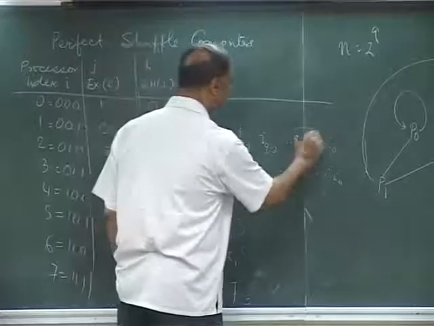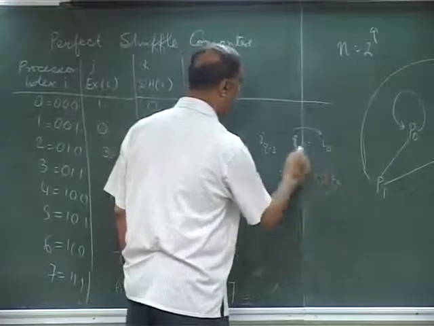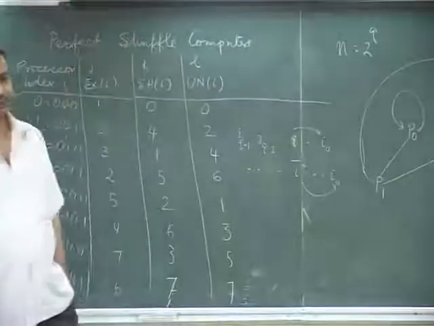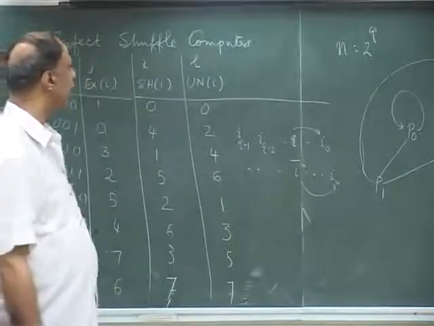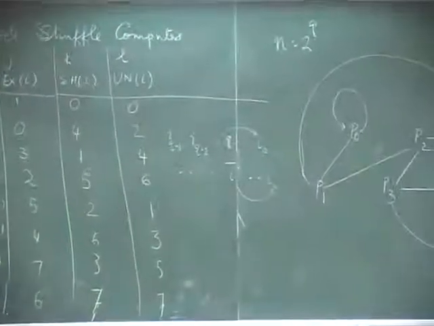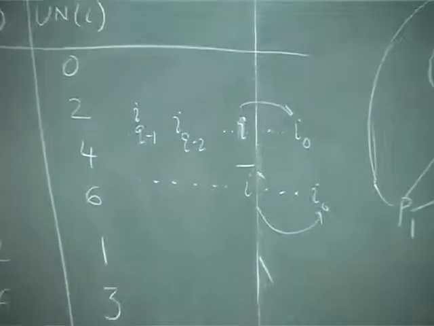After the shuffle, this will come here and this will come here, so they will be in adjacent locations. Most of the algorithms on perfect shuffle computers depend on these two properties.